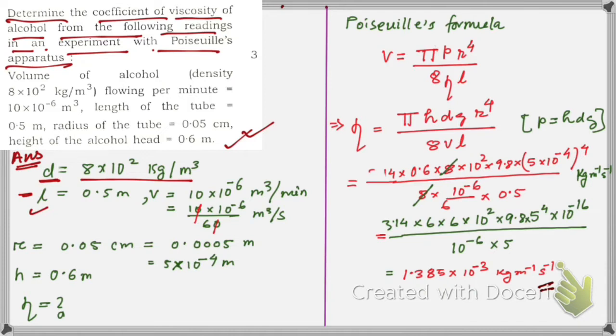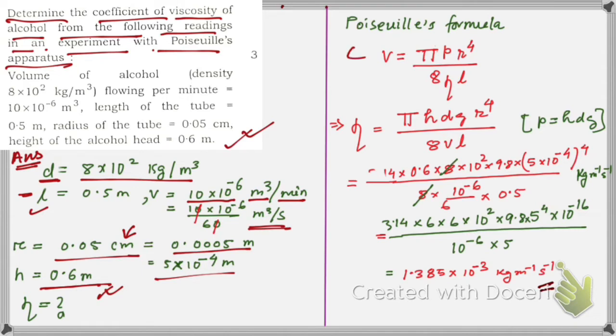V is equal to 10 into 10 to the power 6 meter cube per minute. I have converted this into meter cube per second, right? Then the radius of the tube is given in centimeter, so convert this into meter. The height h of the alcohol is also given.